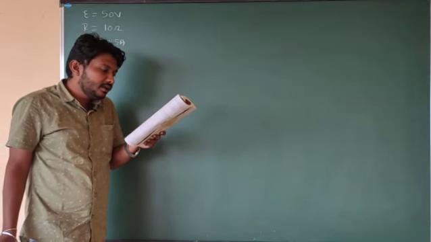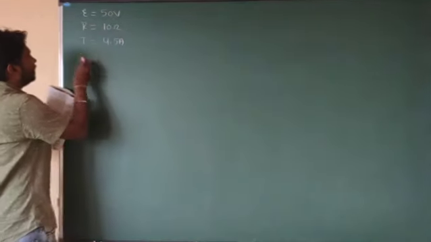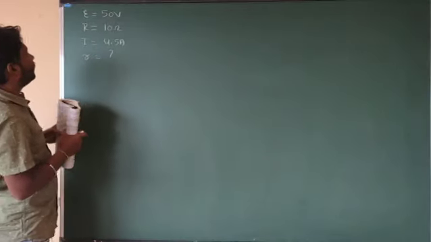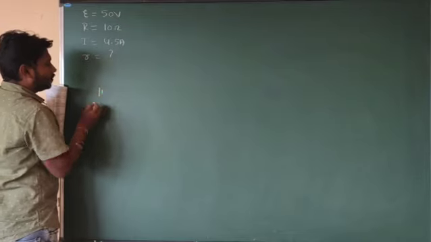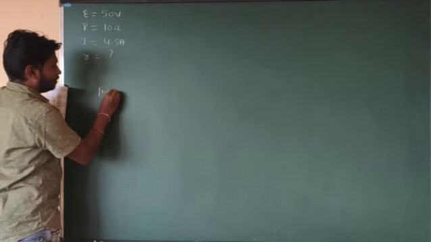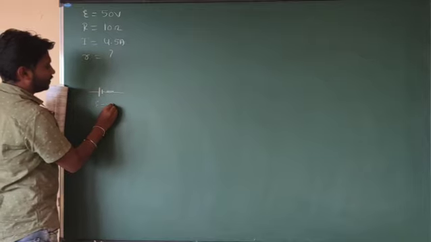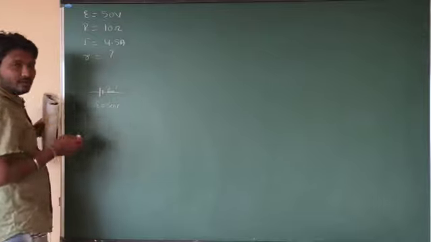Then the internal resistance of the battery is what we need to determine here. What is the connecting formula? For example, one cell is there having an EMF of 50 volt and an internal resistance whose value I want to find out.